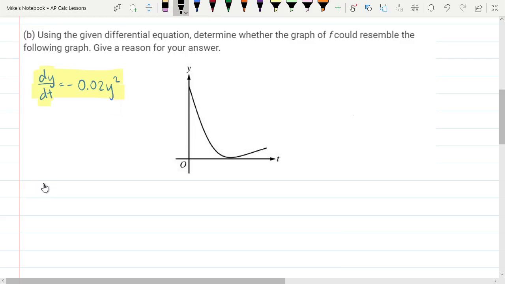So dy/dt is going to be less than 0 because once you square the y, this is always going to be positive or 0, and you multiply that times the negative, and that's going to make it negative. And since y is never going to be 0 because it's the amount of the substance, dy/dt is going to be less than 0 for all y values greater than 0.